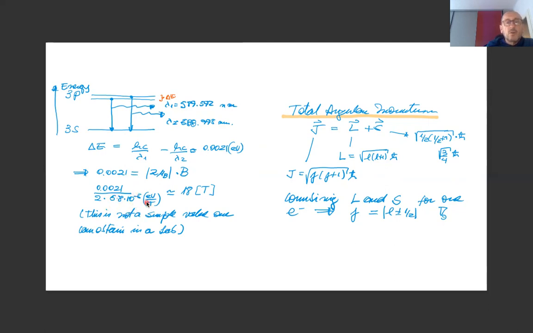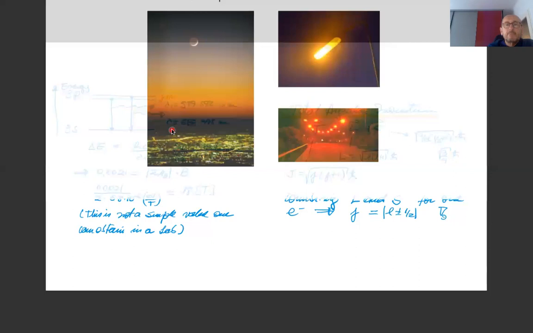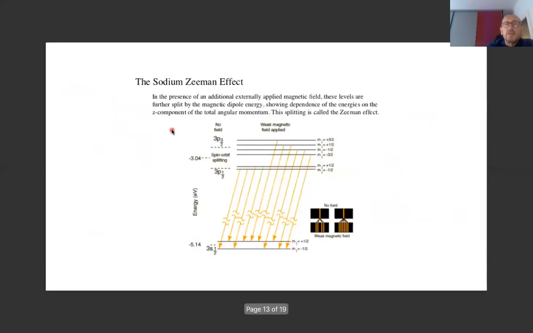So to get the equivalent value of B, I have to divide the difference in energy by twice the Bohr magneton. I know this is not a value of applied magnetic field. This is the magnetic field that the electron in the 3p state feels because the nucleus is effectively rotating around it. So this is what is called the spin-orbit coupling. Perfect. So we have a number for that.